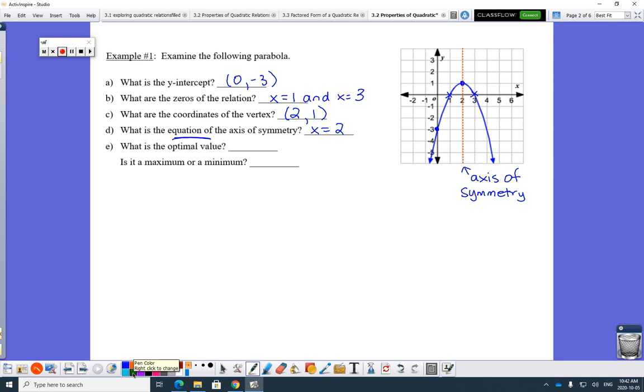When you're asked for the optimal value, it's sort of similar to this, where instead of just writing 2, you have to write x equals 2, like it's bad math form. Same thing here. So the optimal value, again, because eventually we're going to give that meaning, you want to do the y value only of the vertex.